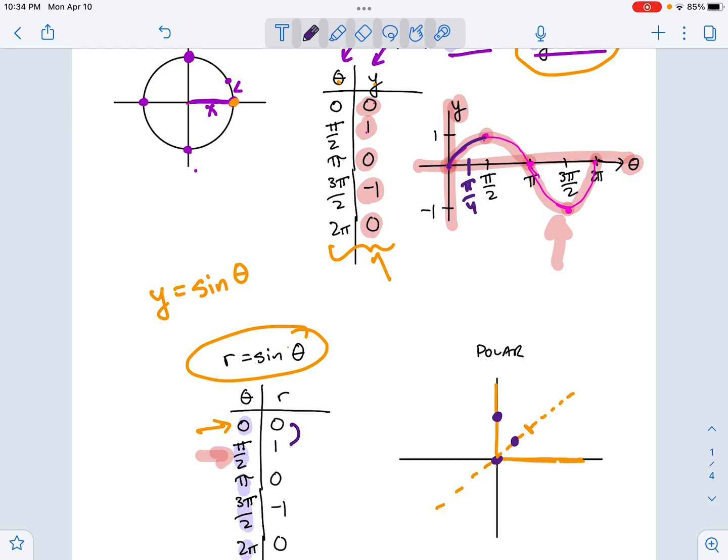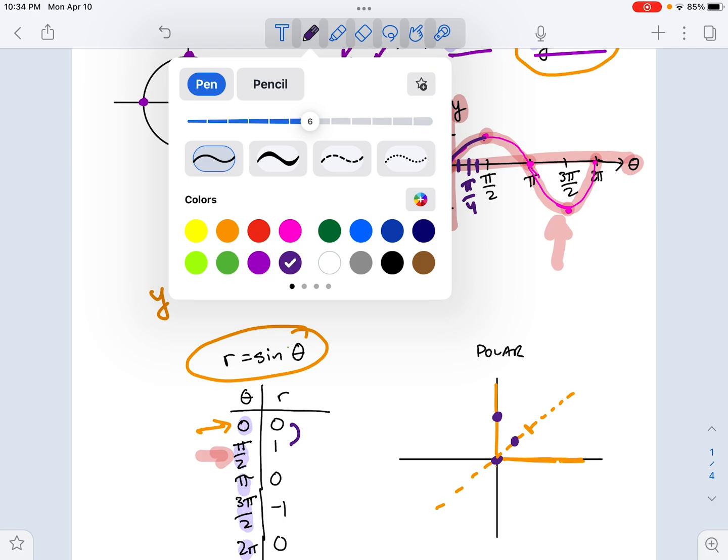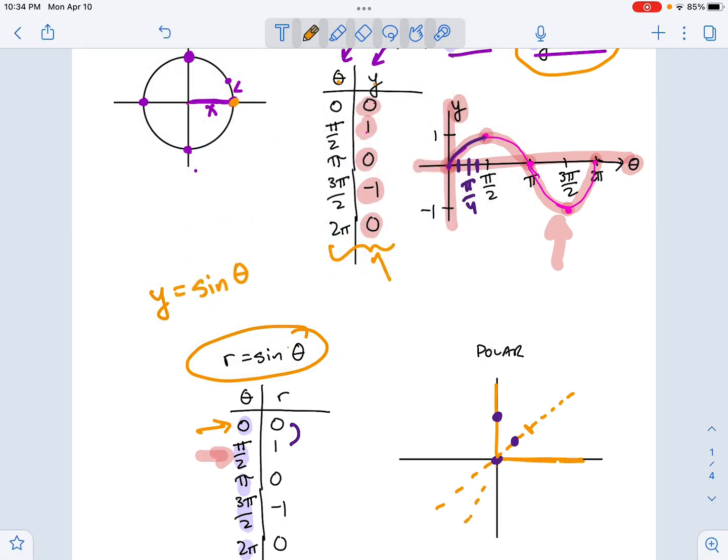Then if you picked a point closer to pi over 2, like pi over 3, it's going to be closer to 1.